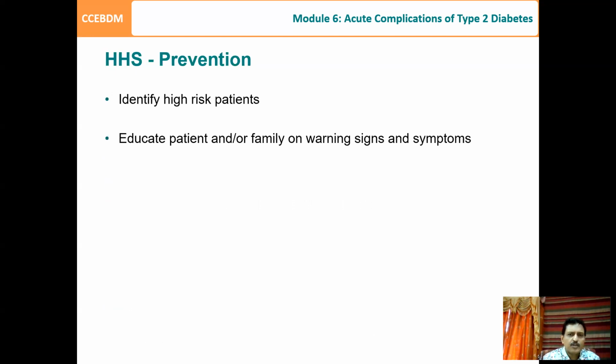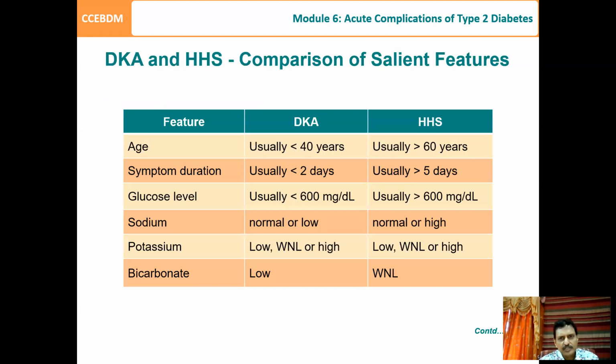So let us have a look at the comparison between DKA and HHS. Usually DKA occurs in younger subjects, especially in type 1 diabetes. HHS occurs in elderly subjects, mostly with type 2 diabetes, but both can occur in either age group.